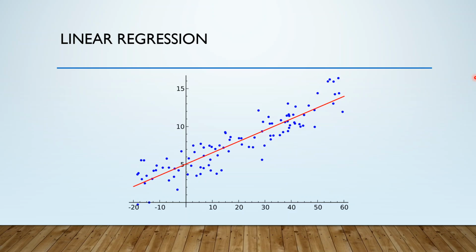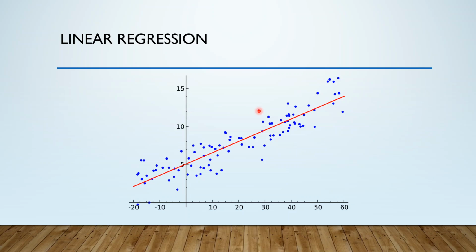Suppose there are 50 such blue points, and for each of the 50 points you have the x and y values, which you have plotted in this x-y plane. Just take one example: x value is something like 27, 28, and y value is something like 13.